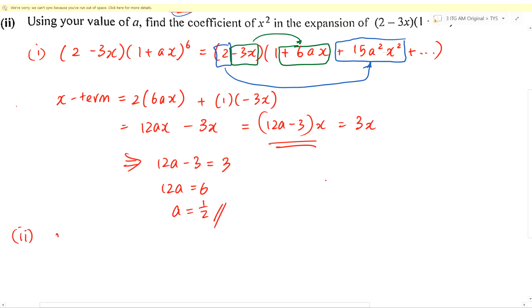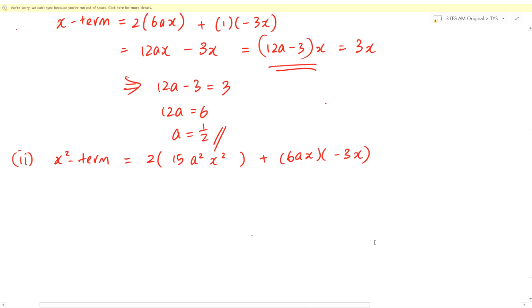So use the same format. X squared term is equal to 2 times 15a square x square plus 6ax times negative 3x. So here we have generated the two x square terms. So this is 30a square x square minus 18a x square. We can substitute a, which is half, in right now.